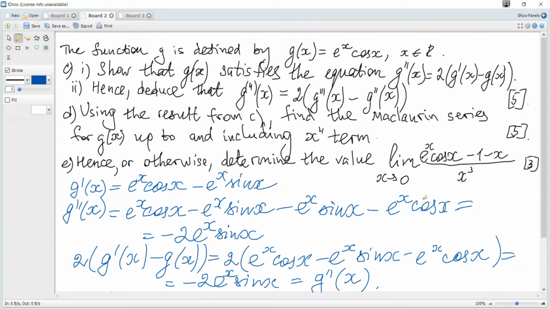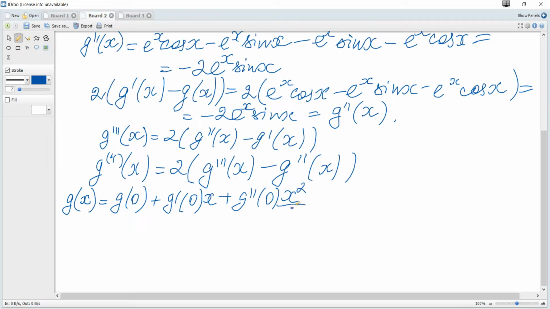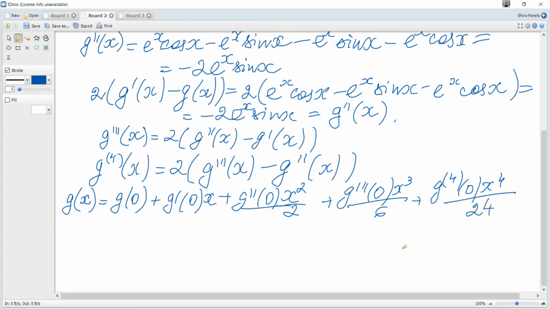To find the Maclaurin series, we can use the formula with derivatives. g of x is g of 0 plus the first derivative at 0 times x plus the second derivative at 0 times x squared over 2 factorial plus the third derivative at 0 times x cubed over 3 factorial, which is 6, plus the fourth derivative at 0 times x to the power of 4 over 4 factorial, which is 24.